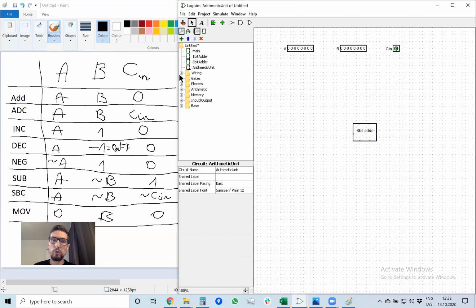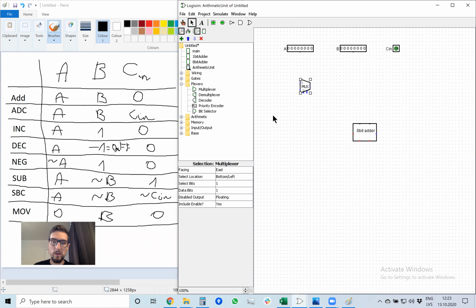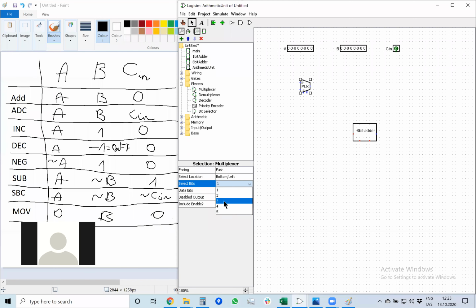So I go to plexers, multiplexer, and I have 8 combinations, which means that our multiplexer has 3 select bits.